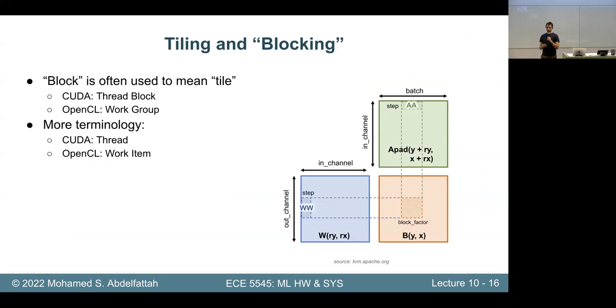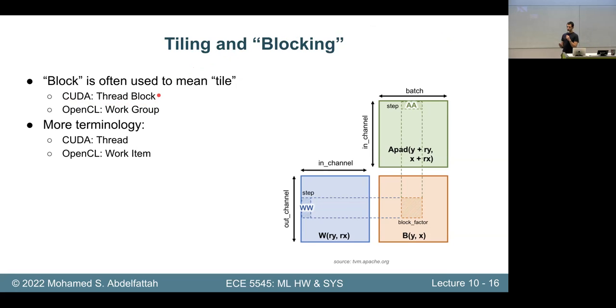You will often also see tiling being called blocking. And that's the same thing. It's just different terminology. And so block, especially in GPU land, actually in CPUs as well, is often just used to mean a tile. And speaking of terminology, in CUDA, you'll often hear thread block as well.